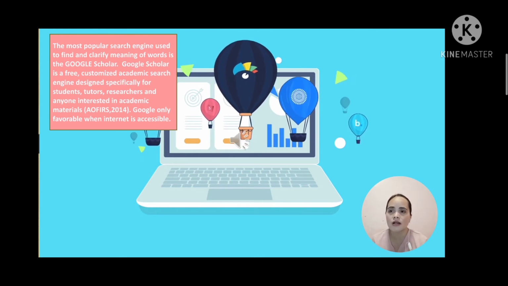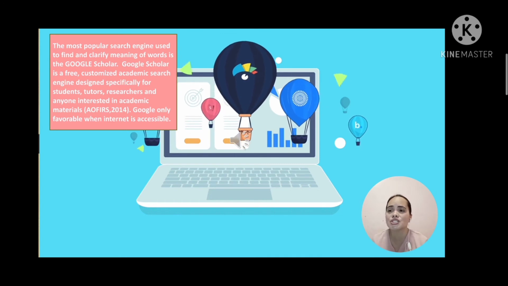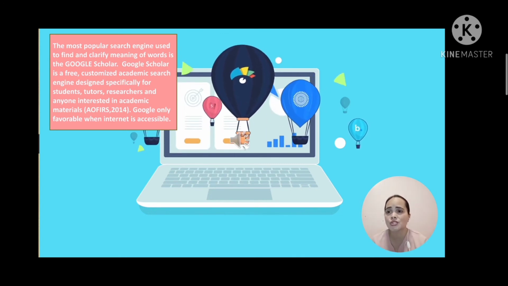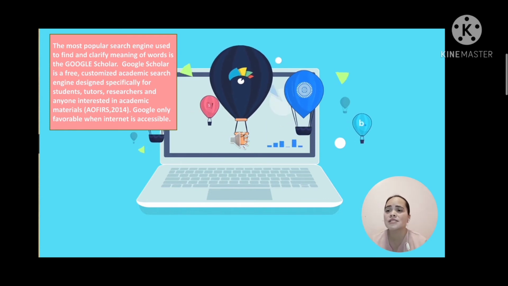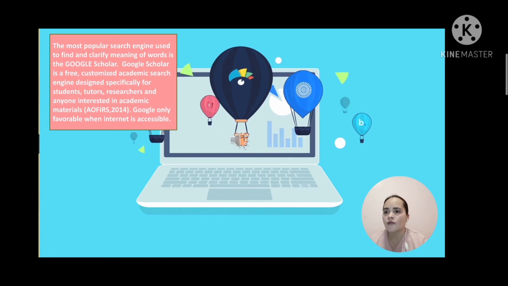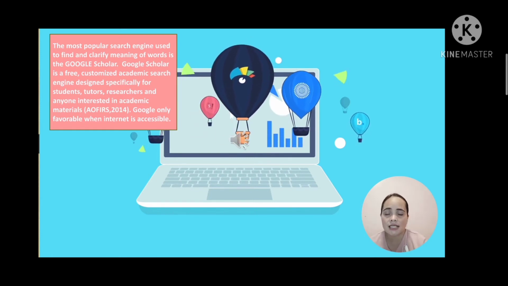Google Scholar is a free, customized academic search engine designed specifically for students, tutors, researchers, and anyone interested in academic materials. By Alpers 2014, Google is only favorable when the internet is accessible.